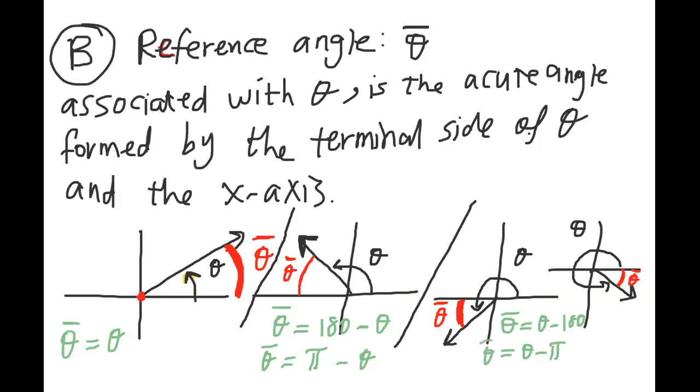For the last one, theta reference is equal to 360 minus theta, or the same as 2 pi minus theta. This is how to find the theta reference.